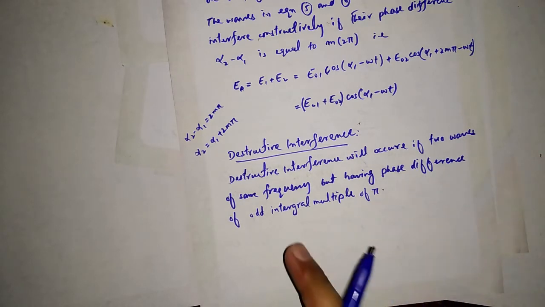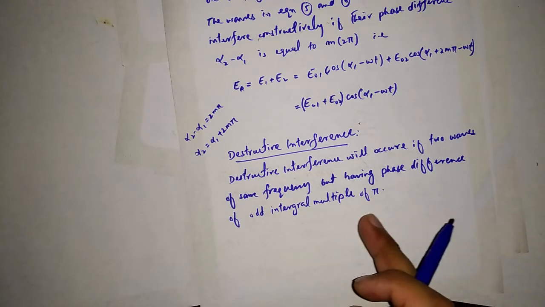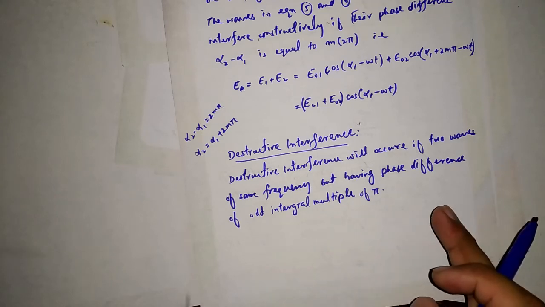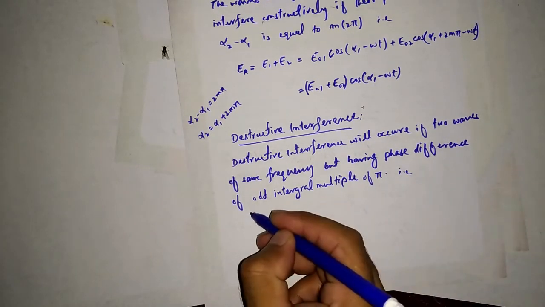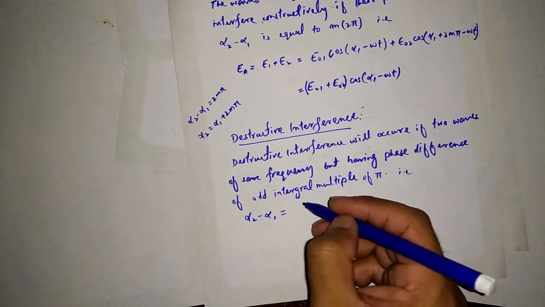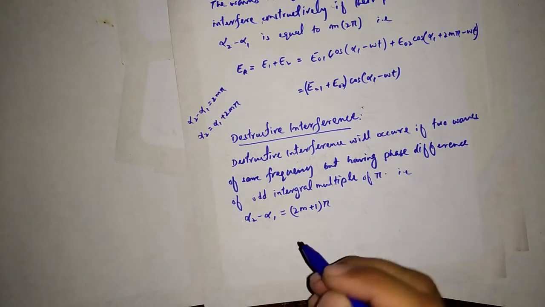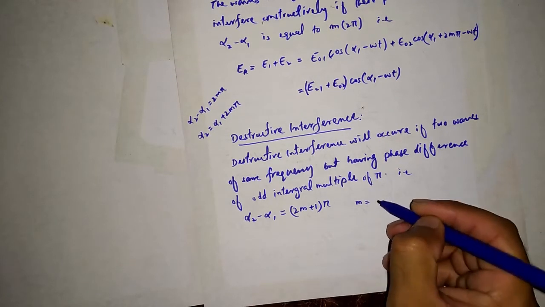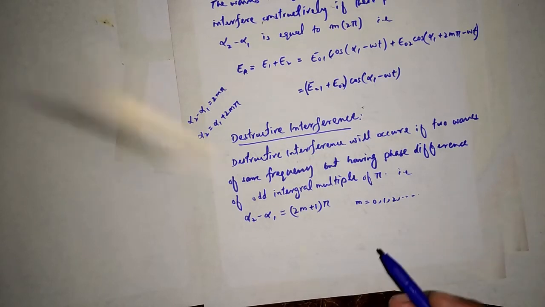If two waves which have the same frequency are out of phase by an odd integral multiple of pi, they will destructively interfere and they will cancel the effect of each other. That means that if alpha 2 minus alpha 1 is equal to (2m plus 1) times pi, where m can be any integer which is 0, 1, 2 and so on. Clear?